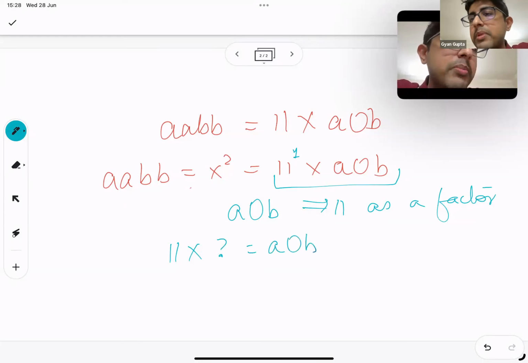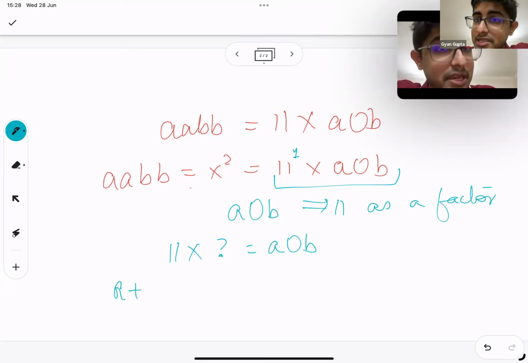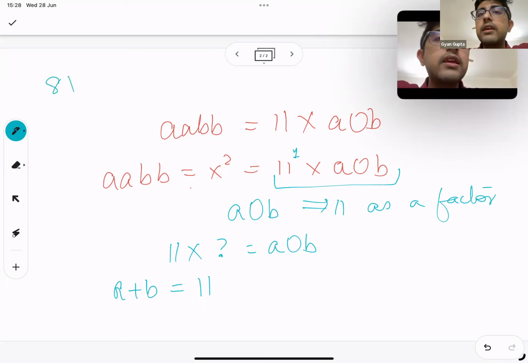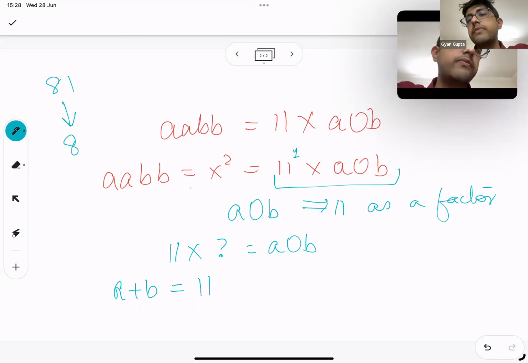Going back to the fact that if A0B has 11 as a factor, A plus B should be equal to 11. That simplifies the question. And honestly, we have brought the number of solutions down from 81 to 8. A plus B equal to 11 has brought this. You can try hit and trial with A plus B equal to 11 with the 8 possible solutions and check.